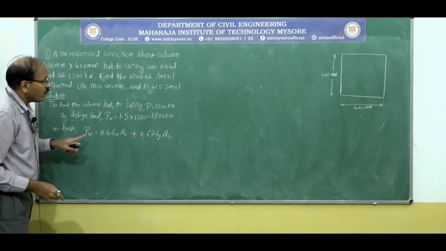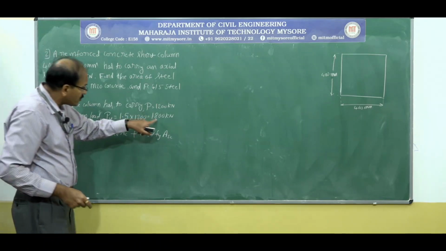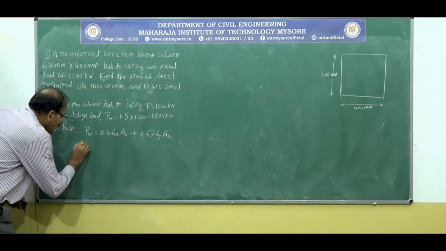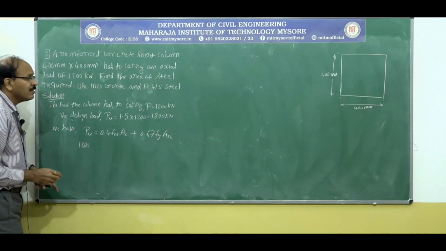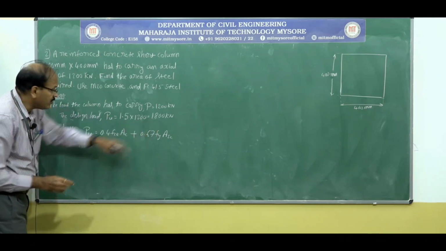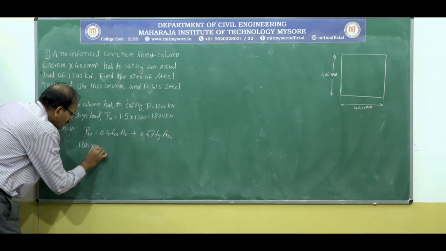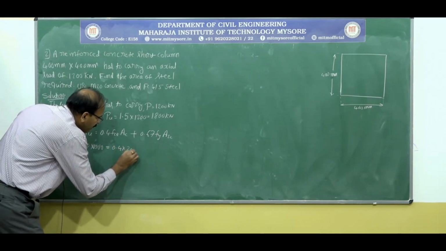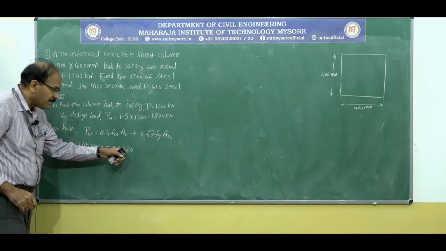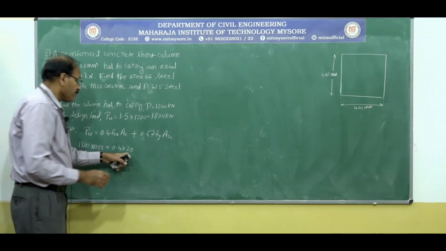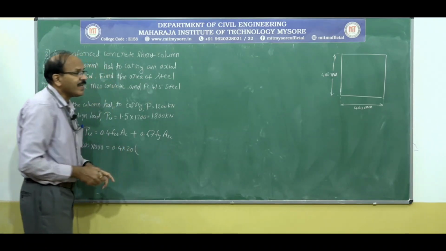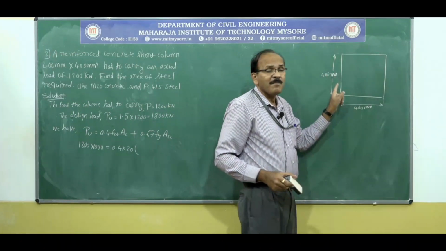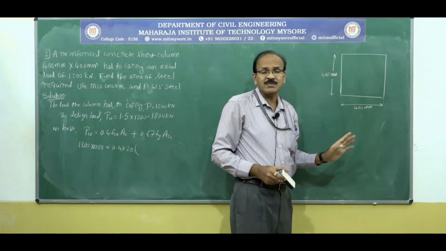So what is Pu? In place of Pu, I am going to substitute this value. That is 1800, and I am going to convert this value into Newton, that is equal to 0.4 multiplied by fck, Newton per millimeter square. And what is Ac? Area of concrete is the gross area Ag minus the area of compression steel.